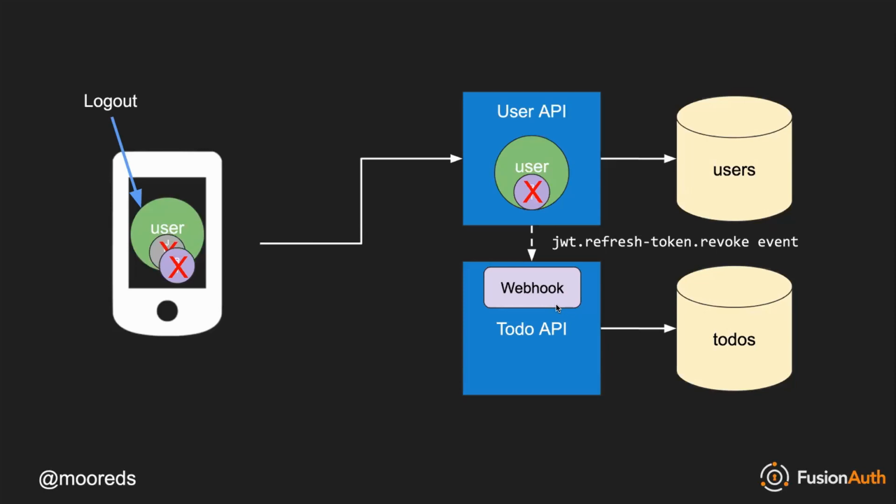The other thing that you want to think about in this scenario is a very real possibility: it's 1 o'clock, Dan signs in. 1:05, Dan gets another JWT. 1:07, Dan logs out, but the JWT's good for another 10 minutes. And then 1:10, Dan logs in again. So there's that 3-minute period of time where you want to make sure that no JWTs assigned to Dan are actually valid for the to-do API.